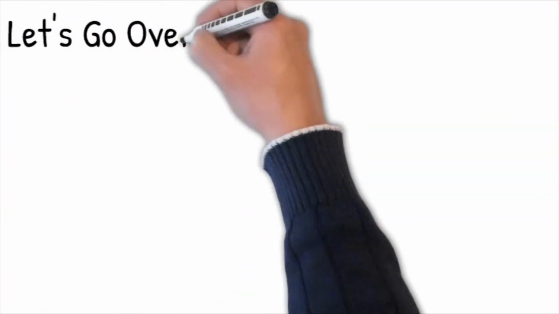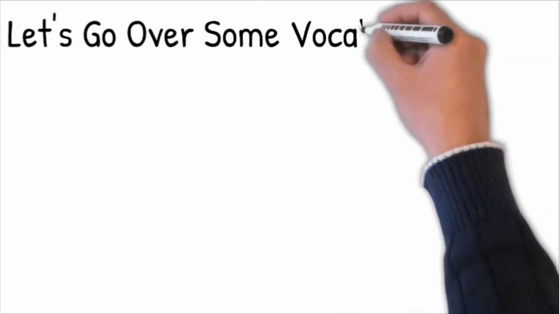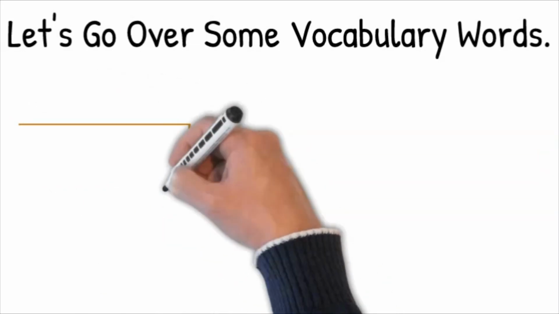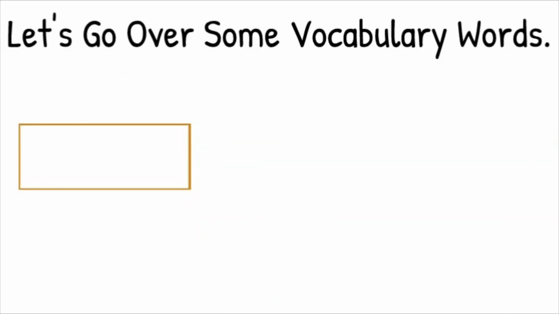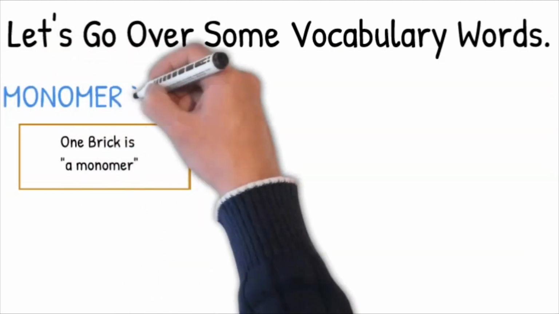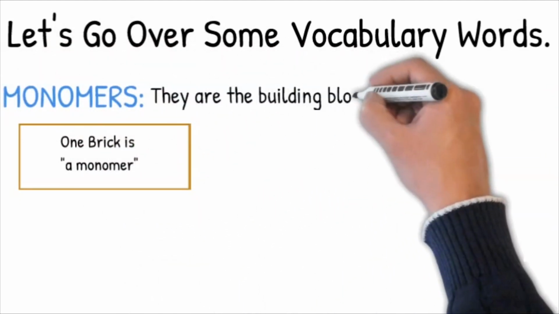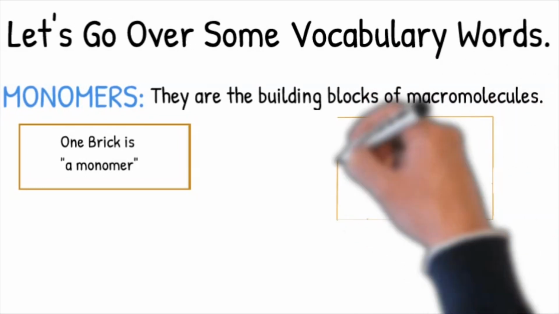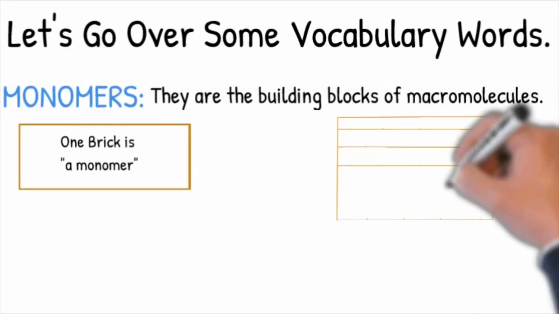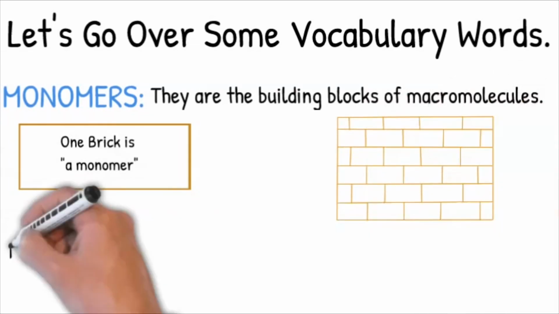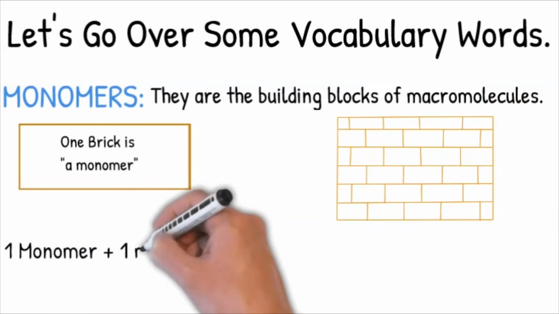Now that we have introduced the four types of macromolecules, let's go over some vocabulary words that will be important. Let's talk about monomers. Monomers are the building blocks of macromolecules. What do I mean by that? Basically, they are the foundation of the macromolecules. For example, in this analogy, let's assume that one monomer is a brick.